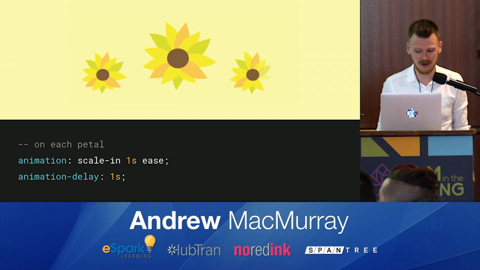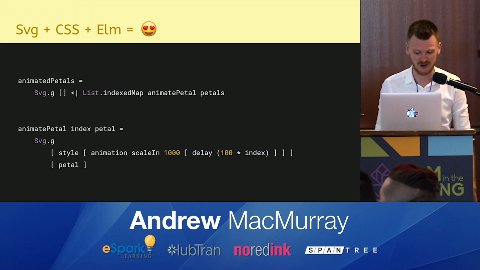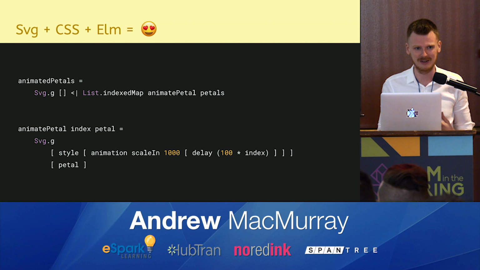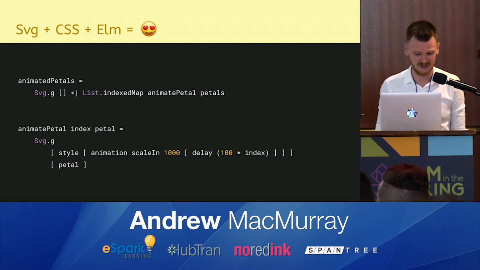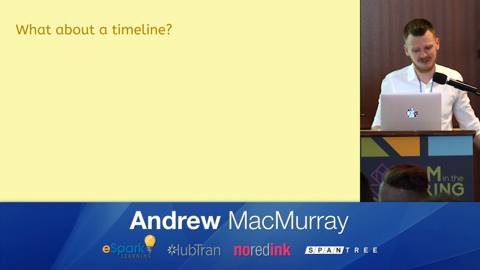To my mind, it's quite impressive, but there's really not much code. So I was sold. It's so much fun to work with, and there's so little code, and it was so easy to change stuff up. It gave really powerful flexibility in trying out different stuff to get the look and feel of the animation. But what about timeline?